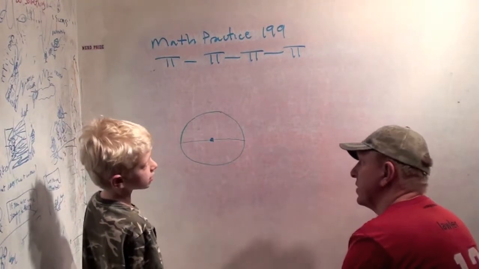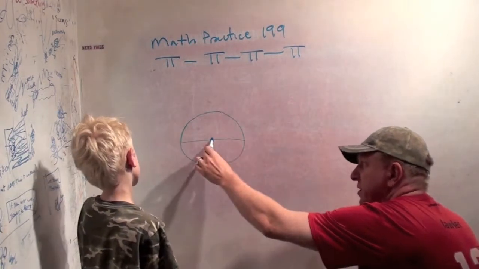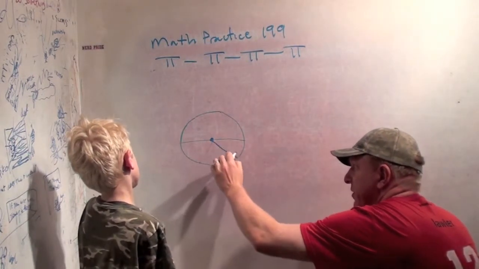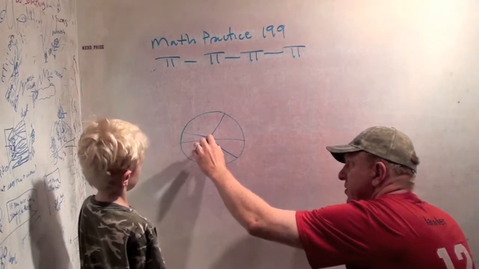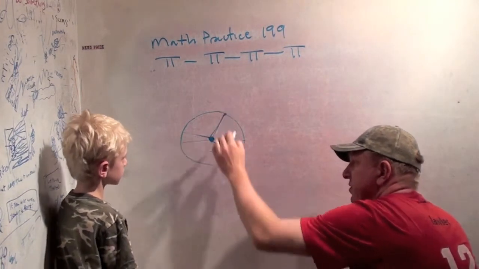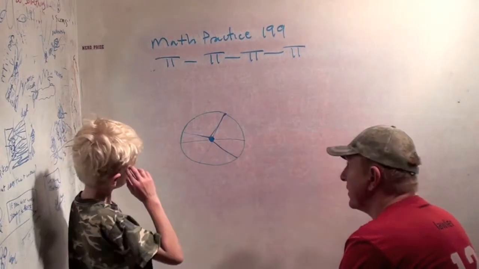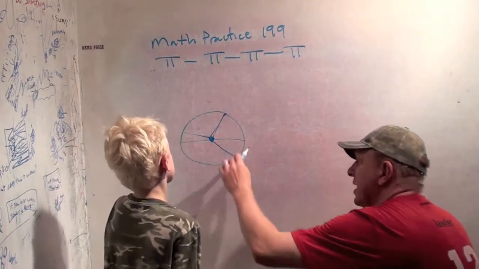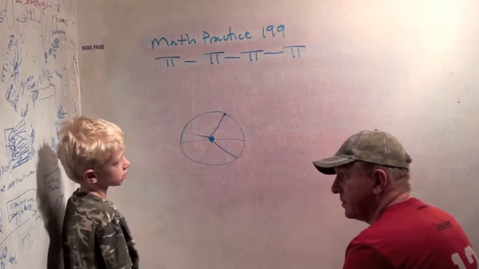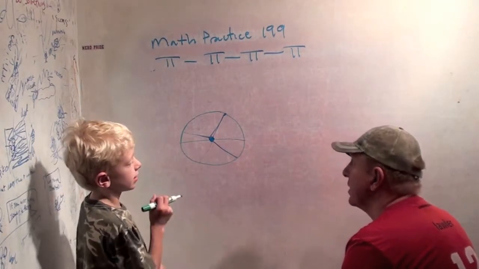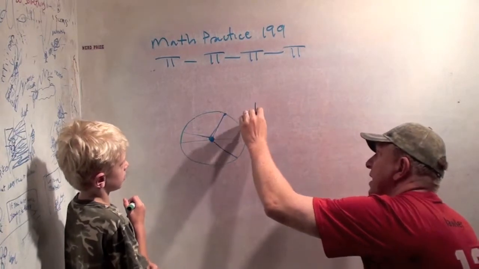Every point on the edge of the circle is the same distance away from the center. Do you know what that is called when you go from the center out to the edge of a circle? The radius? Very good, that's called the radius. And the diameter is two radiuses all the way across in a straight line segment.